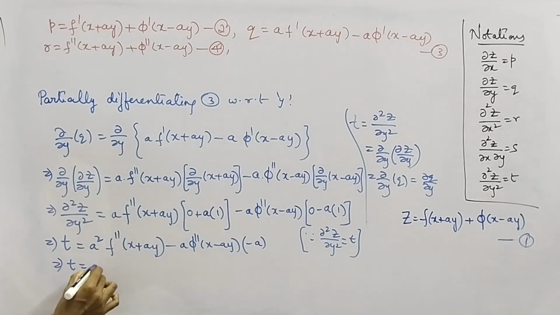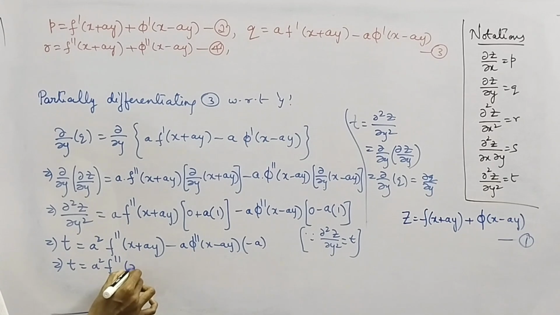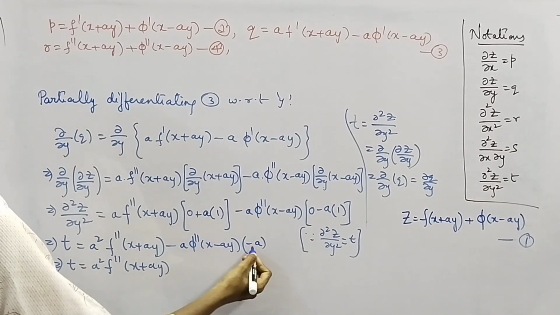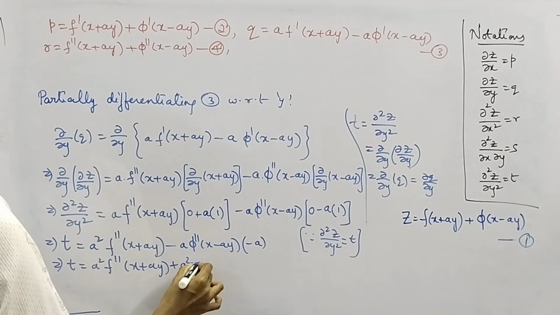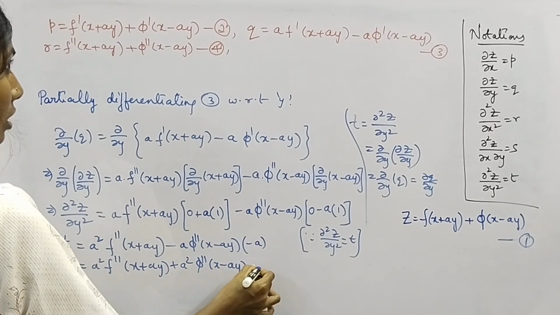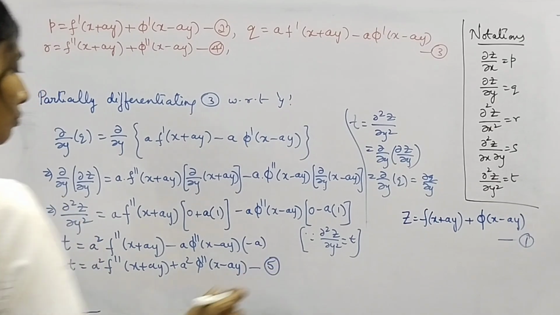This gives us t equal to a square into f double dash of x plus ay, minus a into minus a, or minus into minus plus, a square phi double dash of x minus ay. Consider this as equation number 5.